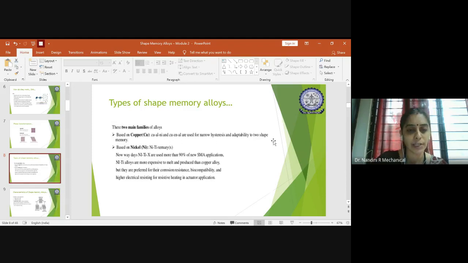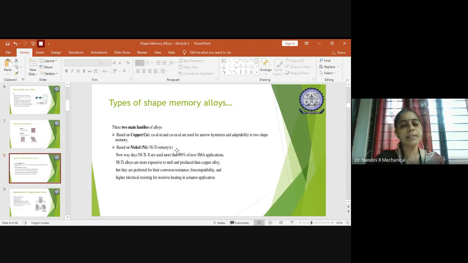So this is one of the classifications, and the other combination was totally nickel based. One main familiar composition of alloy is nickel with titanium. Along with nickel and titanium, you have a third alloying element.